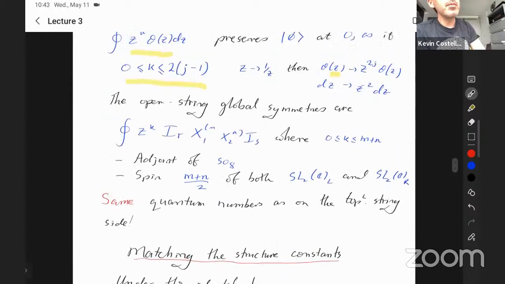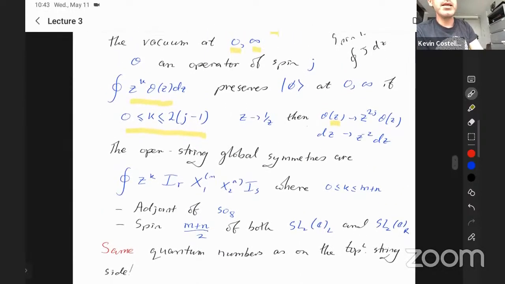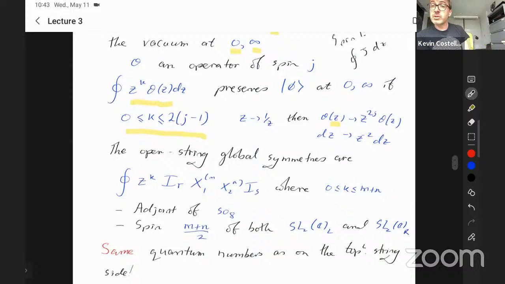So let's go back a little bit and see what the global symmetries associated to our basic currents are. Our basic currents are I, x1^m, x2^n, I. Well, if you look at the spins, you see k is allowed to be in the range from 0 to m plus n.